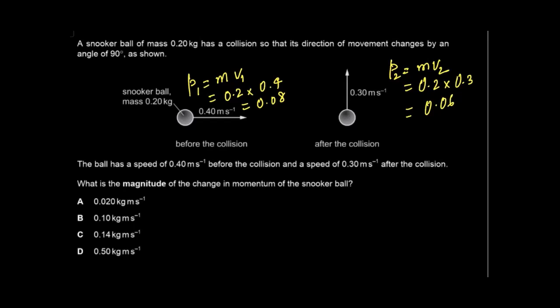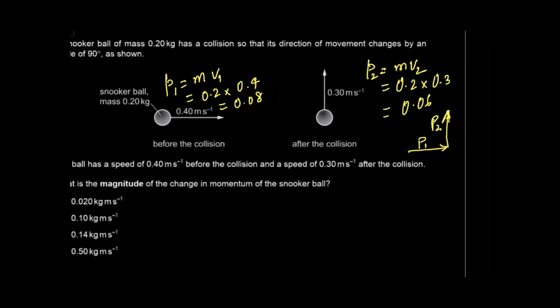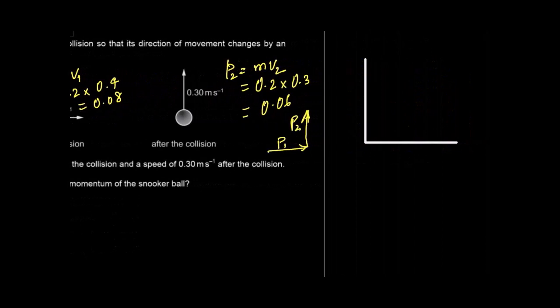Now if we want to draw the vector diagram of both the momenta, this is P1 and this is P2. But in the question it is asking for the change in momentum, so we need to find P2 minus P1.